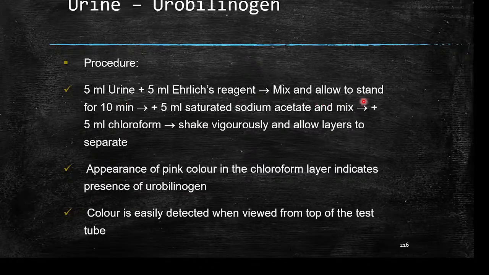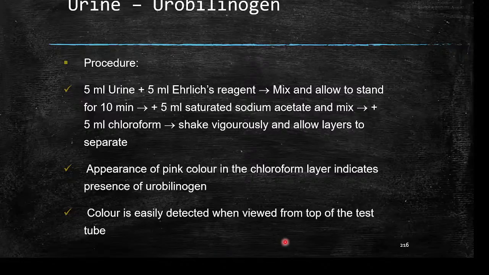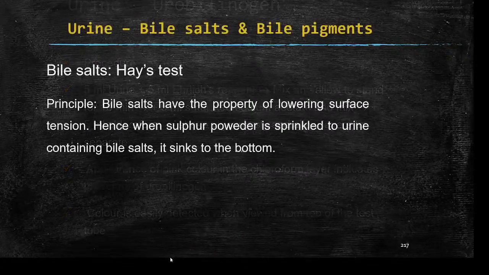This is mixed and allowed to stand for 10 minutes, and then 5 ml of saturated sodium acetate is added, and 5 ml of chloroform is added. They are shaken vigorously, and the layers are allowed to separate. If a pink color appears in the chloroform layer, it indicates the presence of urobilinogen. The color can be easily detected when viewed from the top of the test tube.